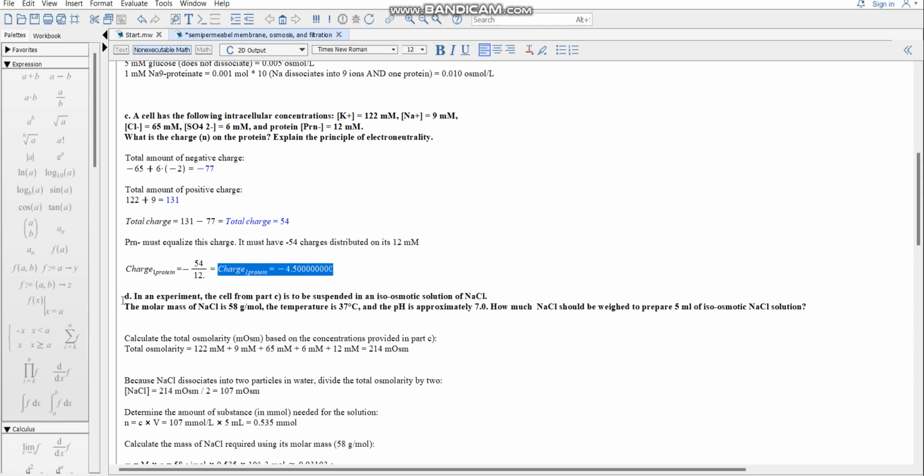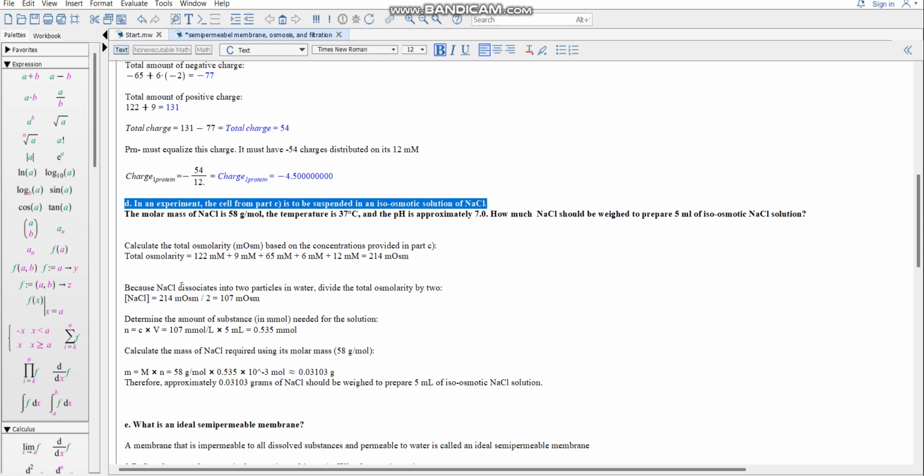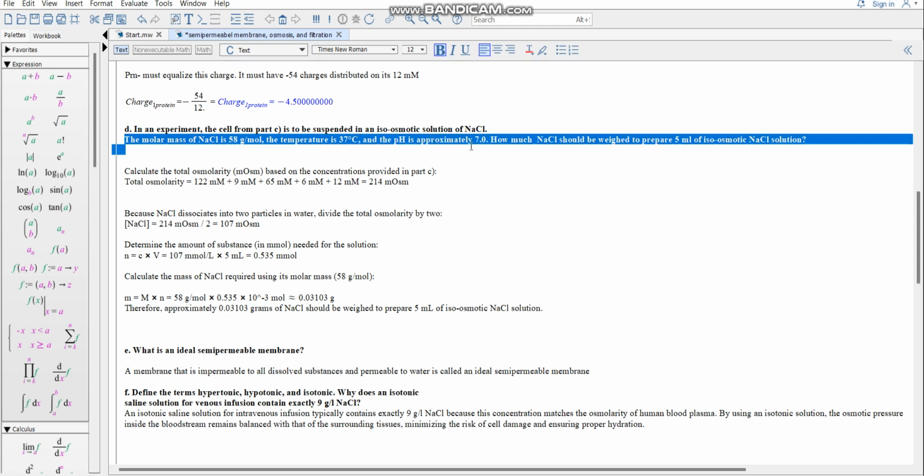Now they ask you, in an experiment, the cell from part C is to be suspended in an isoosmotic solution of sodium chloride. The molar mass of sodium chloride is 58 grams per mole. The temperature is 37 degrees Celsius and the pH is approximately 7. How much sodium chloride should be weighed to prepare 5 milliliters of isoosmotic sodium chloride?